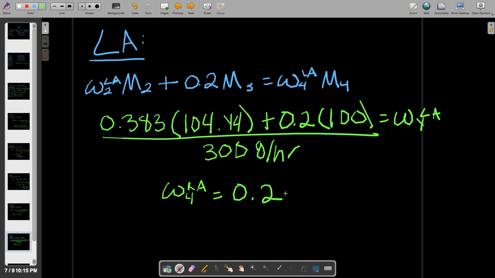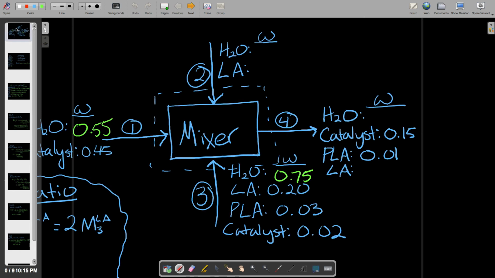So now that we have both of these numbers, we can go back up to our diagram. We can plug in these numbers for LA in stream 4 and stream 2.